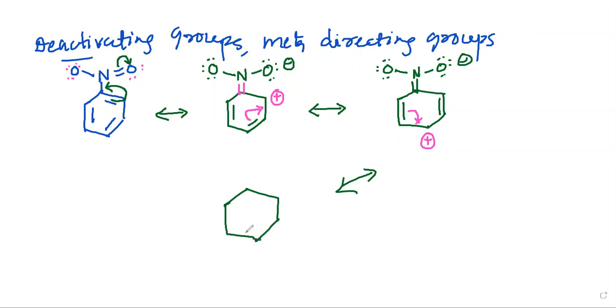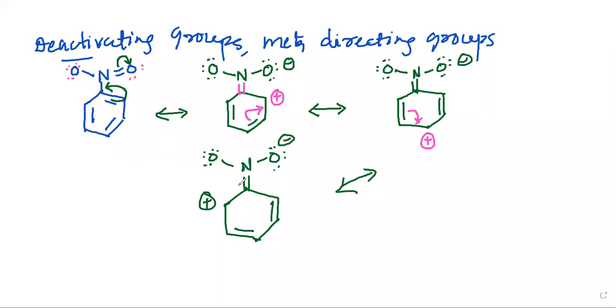There will be a double bond over here. There are already double bonds. The positive charge goes on the sixth carbon. There is a double bond present between the carbon and nitrogen, and we can see that there is a negative charge on oxygen. Now what happens, dear students, the double bond electron comes back to the benzene ring again.